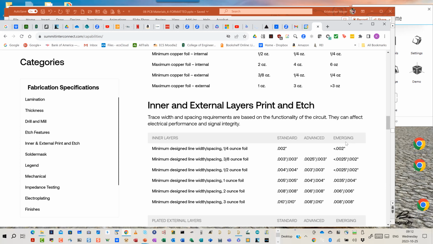So optimizing the panel utilization and getting the shape of your board to fit on their panel, what we call a min for max, the minimum price for the maximum number of boards, how many boards they can fit on the panel, that's going to be a cost adder. The material selection, right?